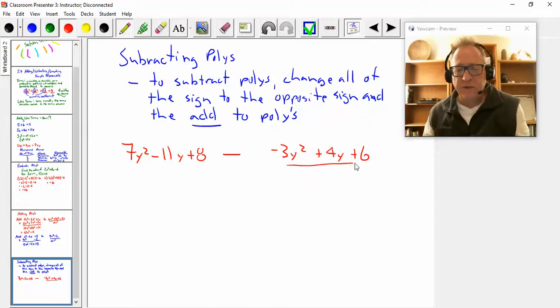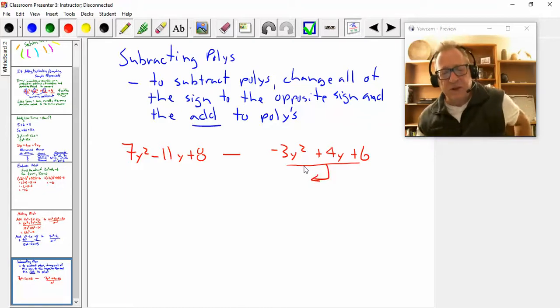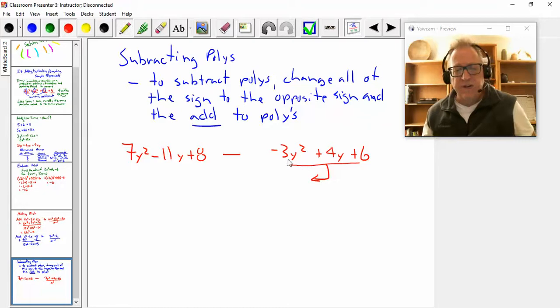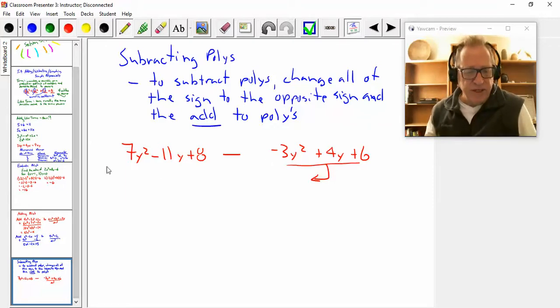Okay, so what did it say? We're going to take the second polynomial and change all the signs, and then we're going to add them. So we're going to line them up. Again, we're going to line them up where the like terms are, but we're going to change the sign when we do this.